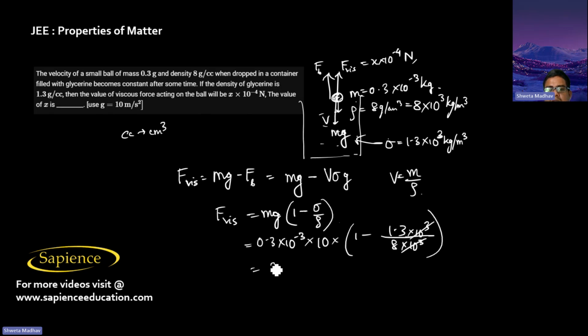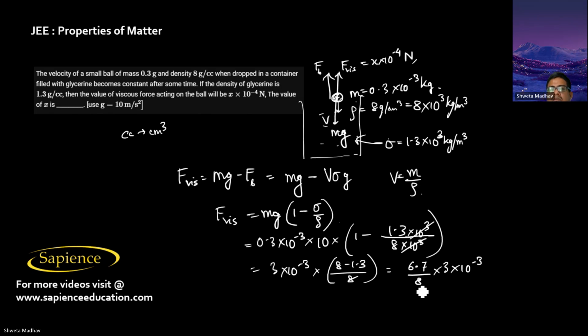So this will be 3 into 10 power minus 3, into 8 minus 1.3, by 8, which is 6.7 by 8 into 3 into 10 power minus 3.